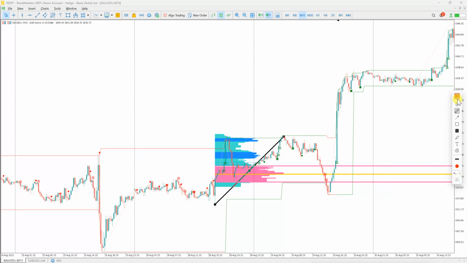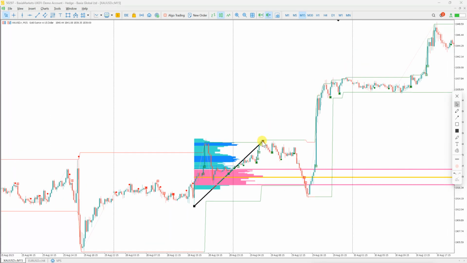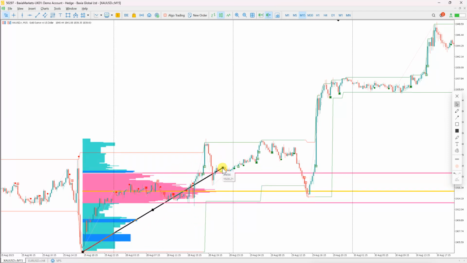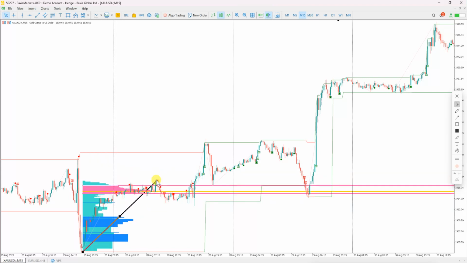Why? Let's drag the volume profile. Here you see it's a liquidity grab.